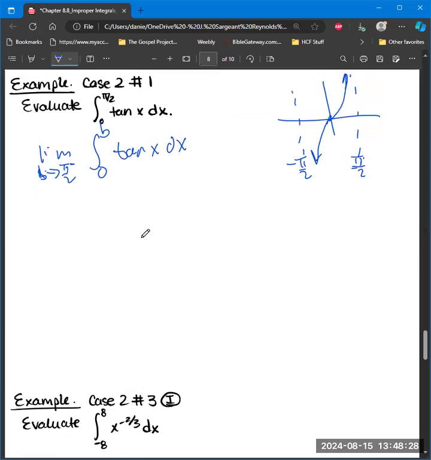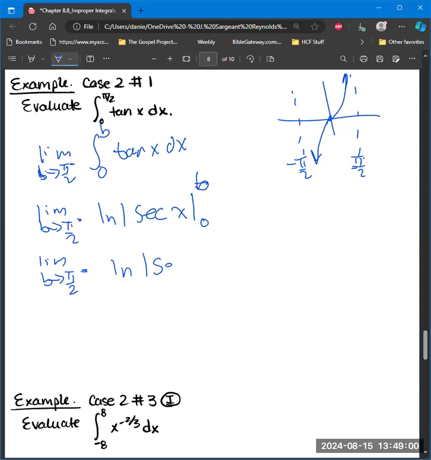This is a not so simple one to remember, but remember tangent is related to secant. So this is ln of the absolute value of secant x from 0 to b here. And so this is going to be the limit as b approaches pi over 2 from the left of ln of the absolute value of secant of b minus ln of secant of 0.